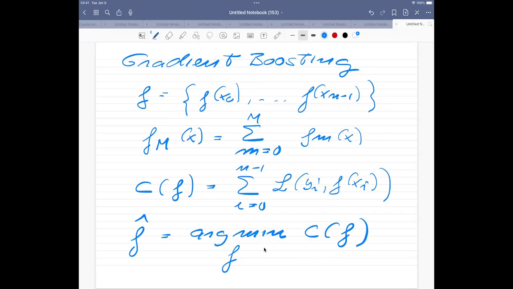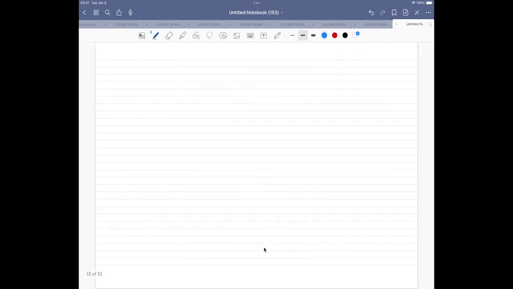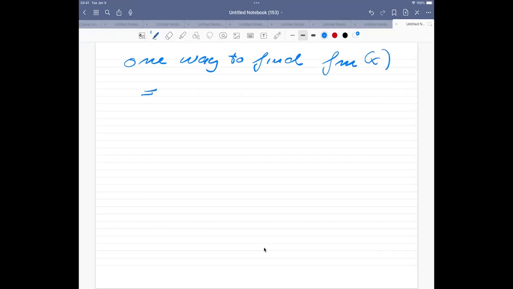Now, one of the ways by which we can do this is by looking at the standard gradient descent. So one way to find these f of m's is that they are given by the previous value minus, and now we put in a parameter which is a scalar, rho.